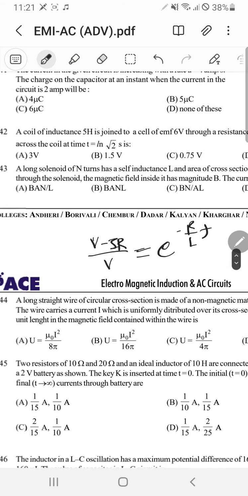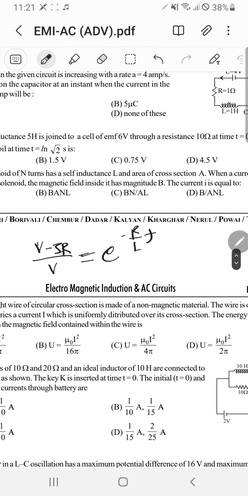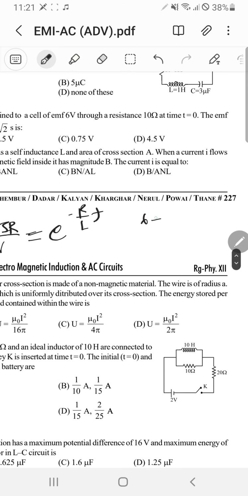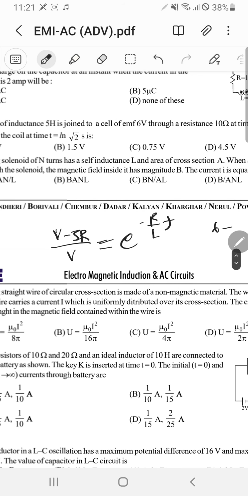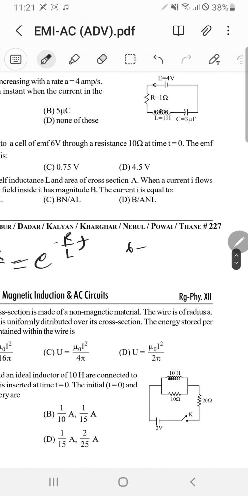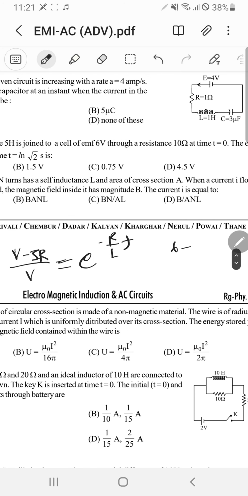So voltage is, where's the cell? Okay, 6. So 6 minus current, we don't know. We want the EMF across the coil, and the coil is the inductance.